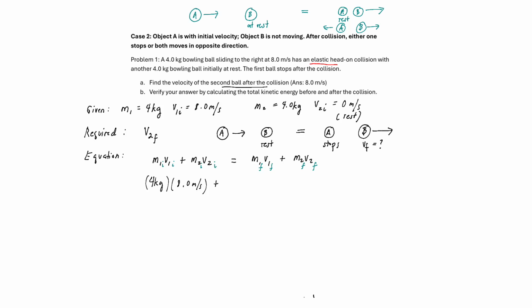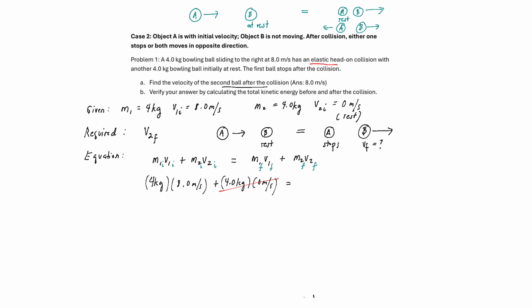Now take note that for mass 2, 4 kilograms multiplied by 0 meters per second will definitely cancel out, because anything multiplied by 0 is 0.